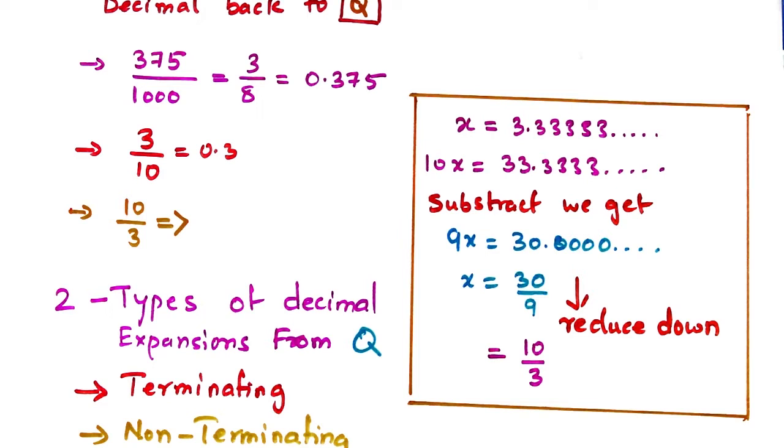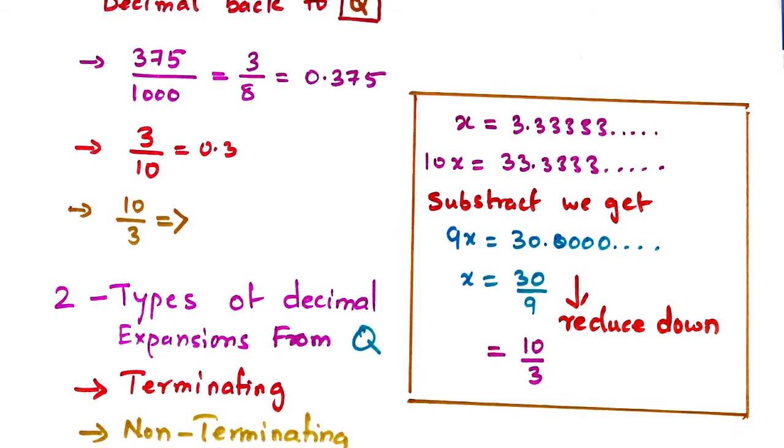So if you take any rational number from the number line, and try to find out the decimal expansion of that, you would get either of these formats. One is terminating, another one is non-terminating. All right.